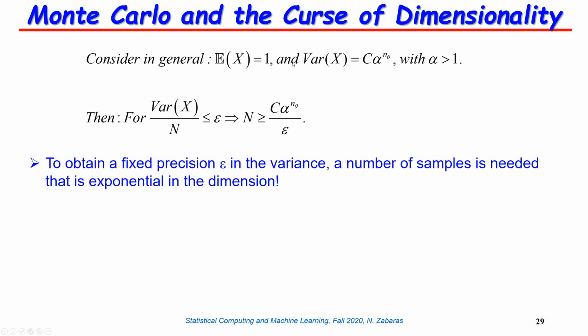It indicates that if the variance of x, and interpret x here again as this indicator function that you will hit, let's say, the hypersphere, is of the order of c times some number alpha to the dimensionality of the problem, then if you want the variance of your Monte Carlo estimator to be less than epsilon, you can see that the number of samples is exponential in the dimensionality of the problem. Okay, that's sort of a generalization of what we saw in the previous slide.